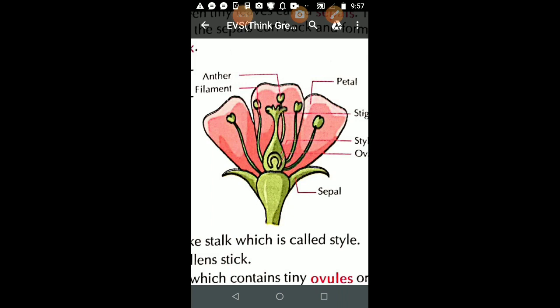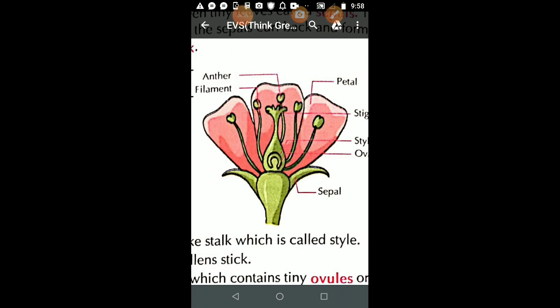For example, this is a flower, and in this flower I show you self pollination. If a pollen is transferred from the anther of a flower to the stigma of the same flower, then it is known as self pollination.